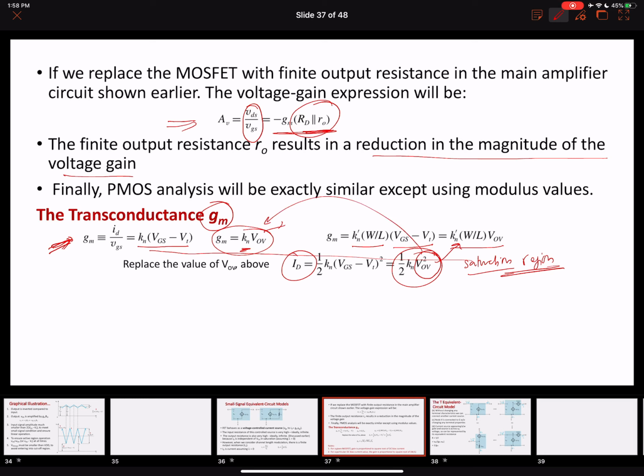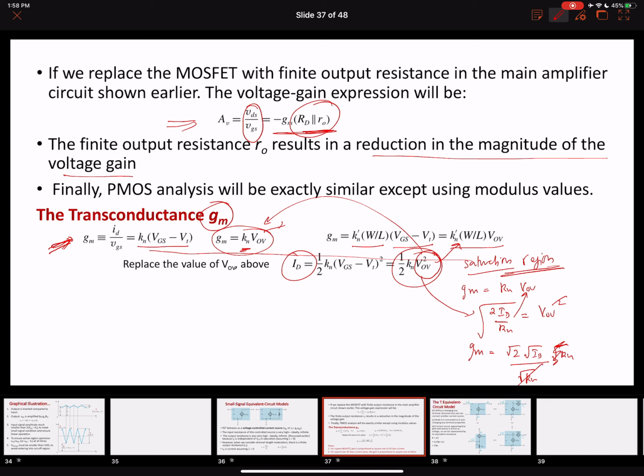So initially our GM equals Kn times VOV. Now, 2 times ID over Kn equals VOV squared. Let me replace this over here. So GM equals the square root of 2 times ID over Kn, times Kn.